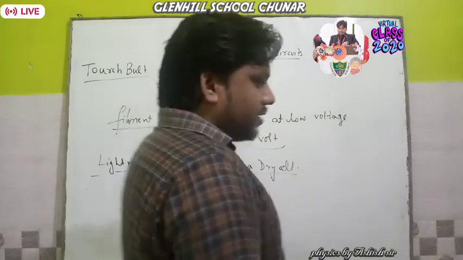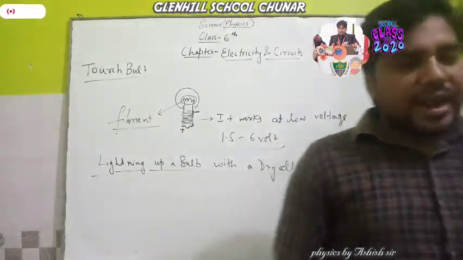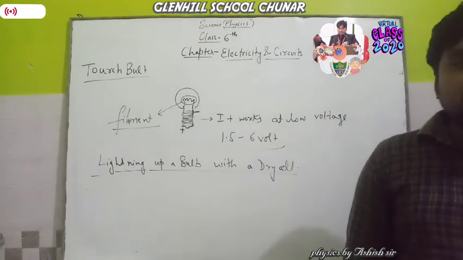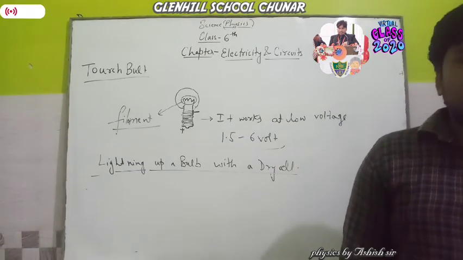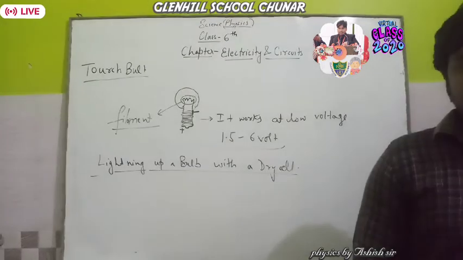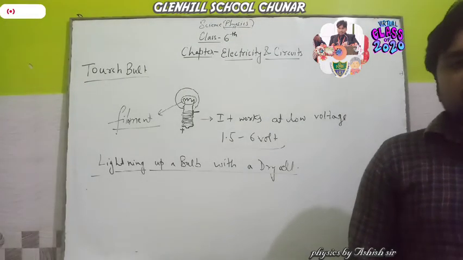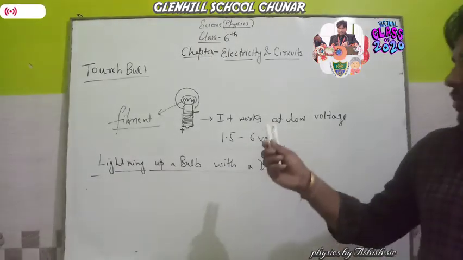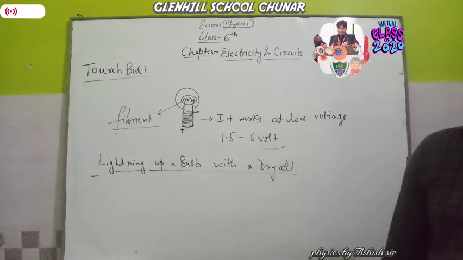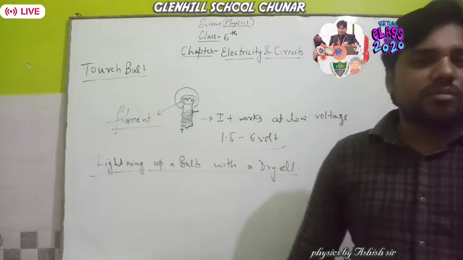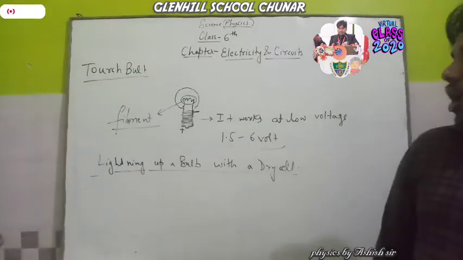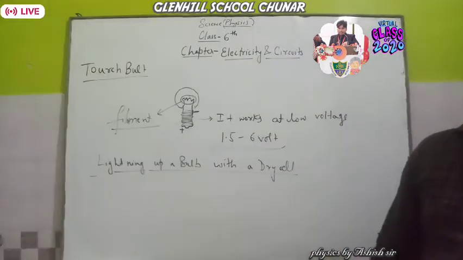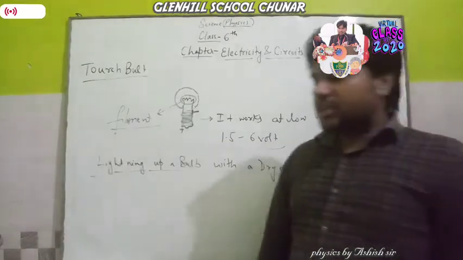Simply, we say that the bulb is lighted only when the electric current is passed from the cell. When the electricity is passed through the bulb, then the bulb can glow. Clear? Now let's see some examples through which this bulb can glow. We will discuss here.